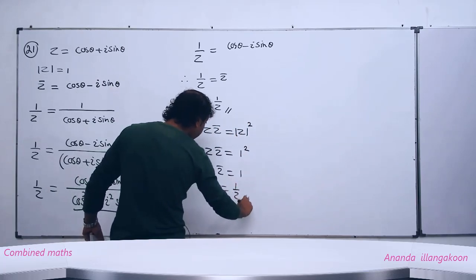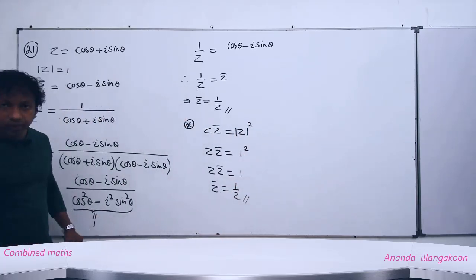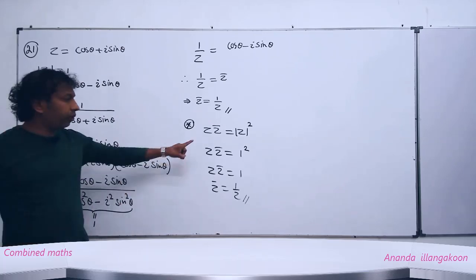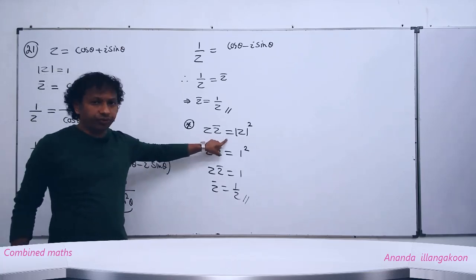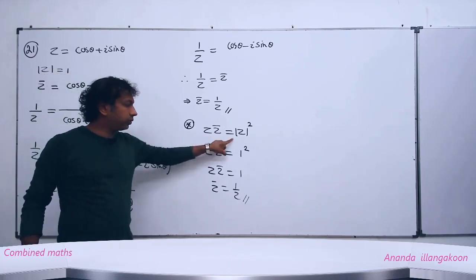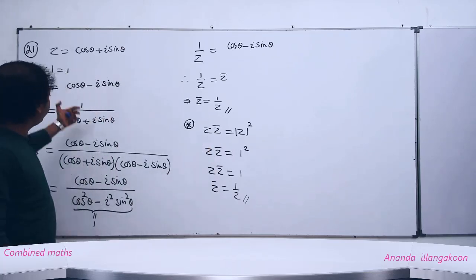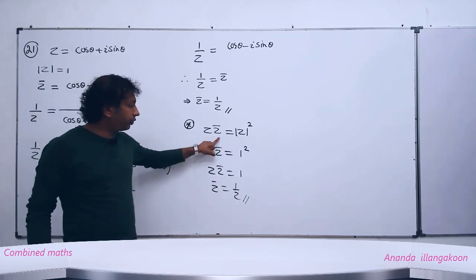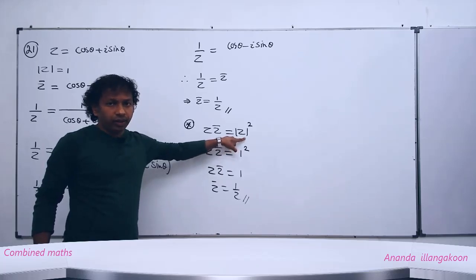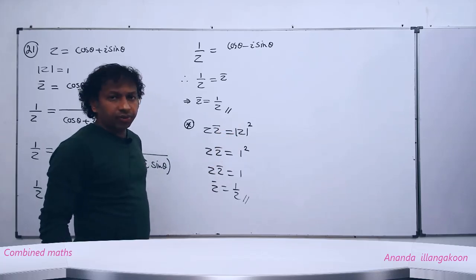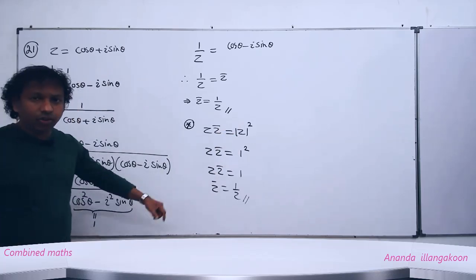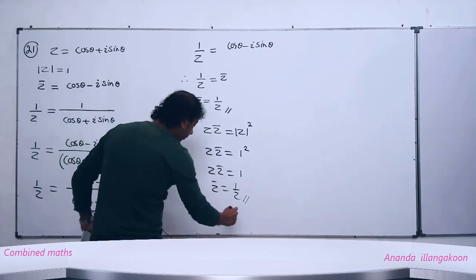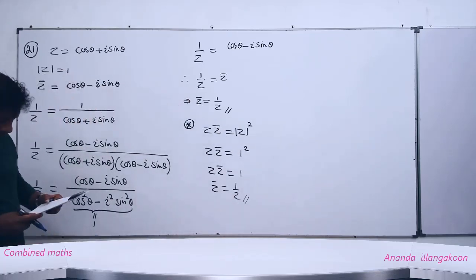If we prove it like this, you can use that, but you have to prove this. This proof includes everything. So when you straight away use this one without proving that z bar equals mod z squared, that can be a reason to lose 5 marks, or 10 marks. That is another way of proving. Therefore, we have to remember to prove this. That part is okay.